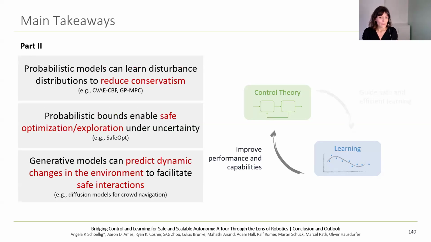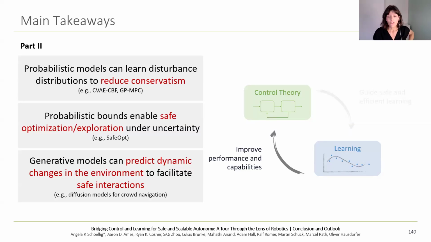And then we take the other part, like using learning for control. A core theme was probabilistic learning models that helped us to define the distributions as we gather more and more data, and therefore to reduce conservatism compared to robust control techniques.